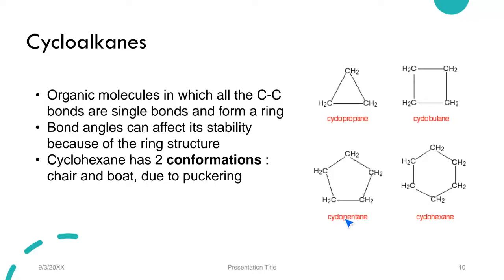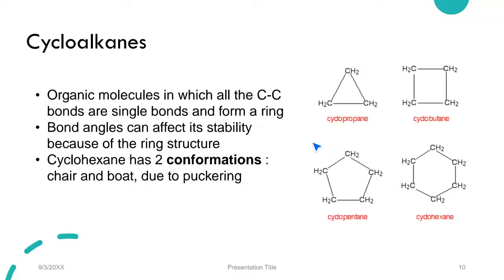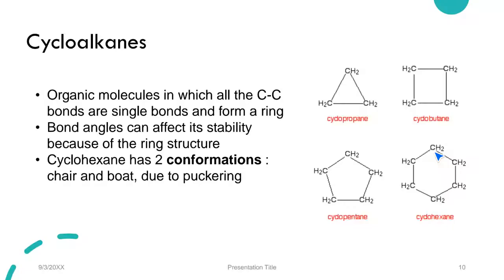So cyclopentane, this internal angle should be 108, which is close enough to 109 that this is pretty stable on its own. And then cyclohexane, this internal angle should be 120, okay, which is a little too big. So this is cyclopentane.